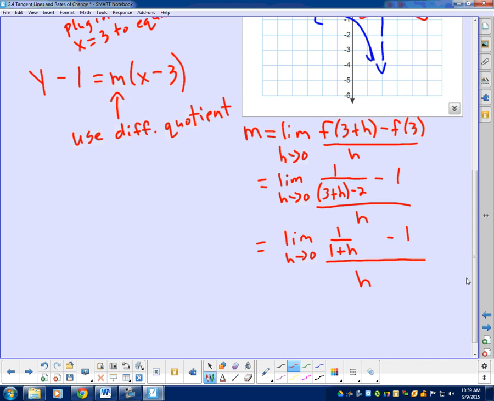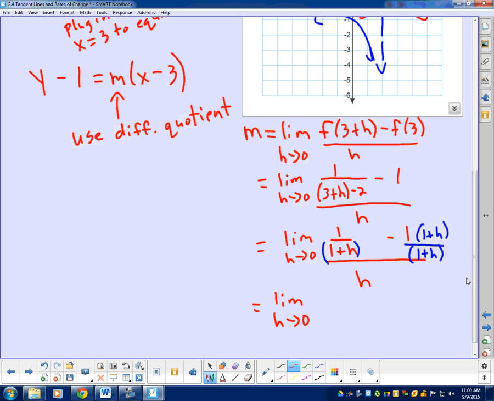What do I have to do to join these two fractions together? Common denominator. So I got to multiply this by this thing. This doesn't have to be multiplied by anything, right? But I have to multiply the 1 by 1 plus h over 1 plus h. So I have limit as h approaches 0.